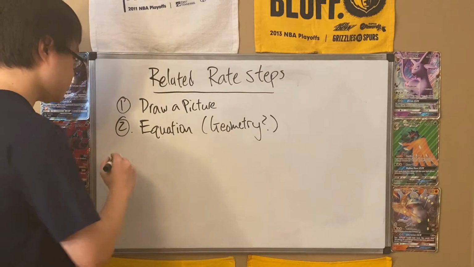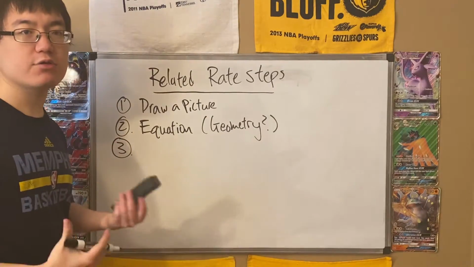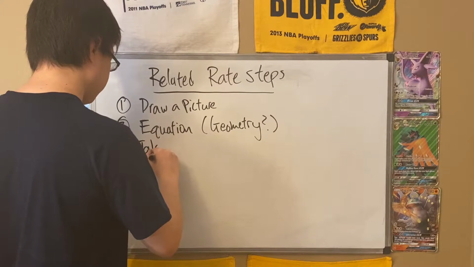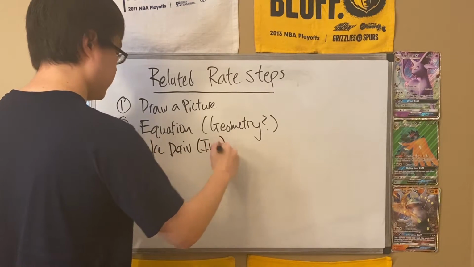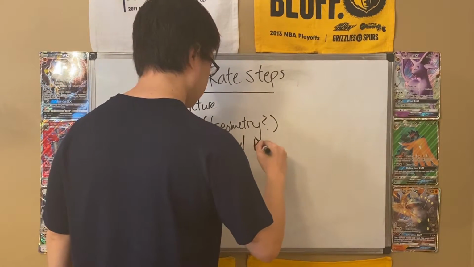Once you have the equation, the most important step by far is step 3, which is take the derivative of everything with respect to time. Take the derivative, but implicitly, so we have to review a little bit of implicit differentiation with respect to time.